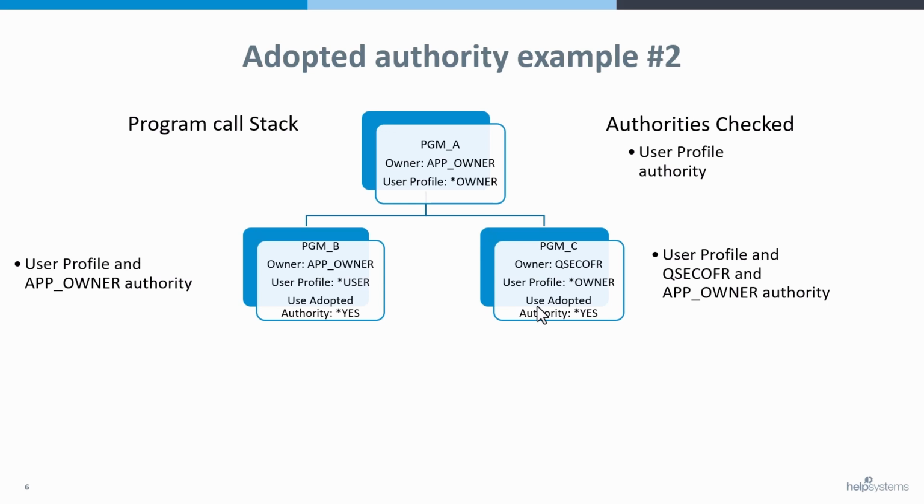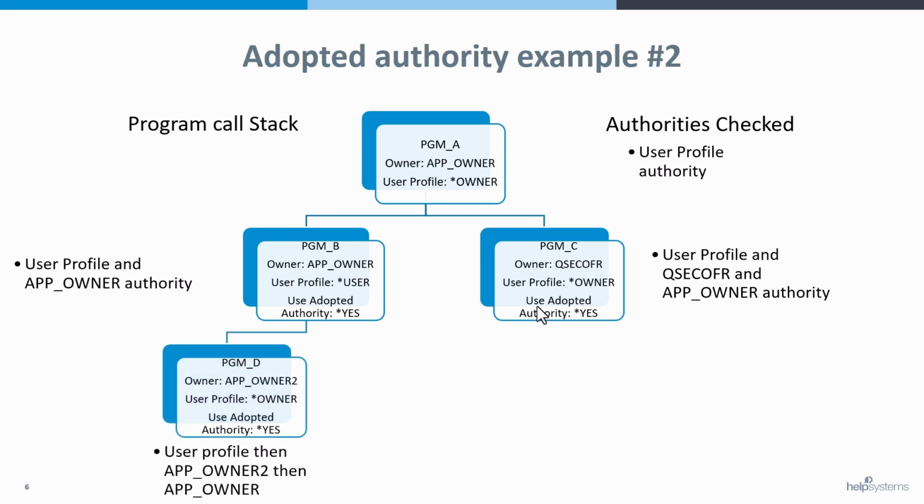When program B now calls program D, or yet another menu option is taken, this program happens to be owned by a different owner. So APPOWNER2 owns this, and program D is adopting authority, and it's allowed to adopt authority from higher in the stack.